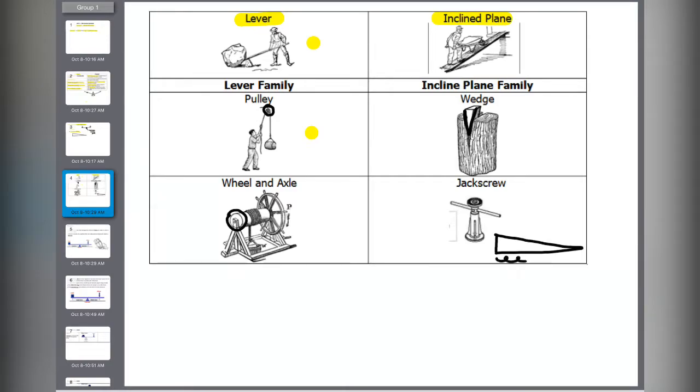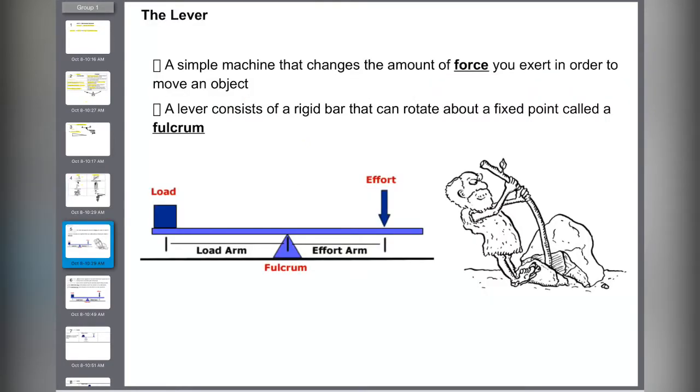If you roll this up, do you see how your screwdriver, a lovely drawing here, is an inclined plane that is rolled around? So this is the part of the inclined plane. Okay, now we're focusing on the lever.